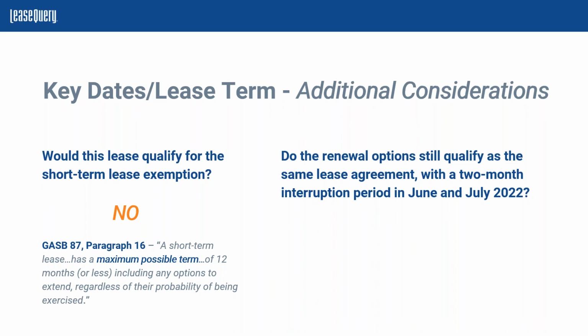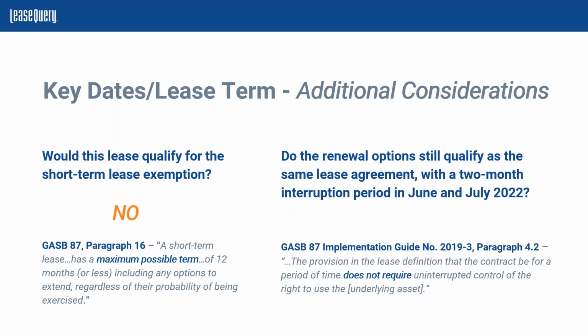So based off of what's provided in the implementation guidance, paragraph 4.2, it states that the lease definition for a contract for that period of time does not require uninterrupted control over the right to use that asset. So based off of what we've learned here, this would in fact qualify based off of that time period.